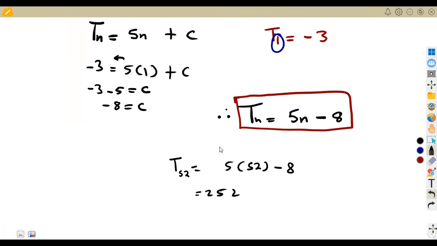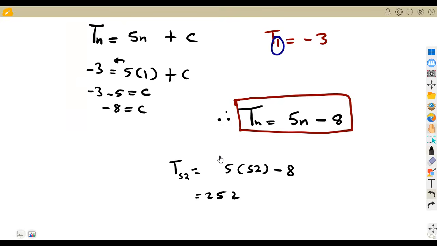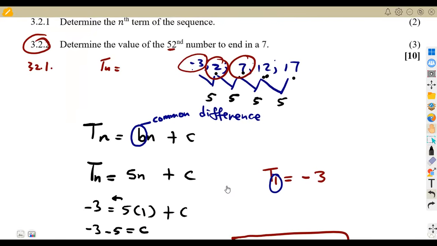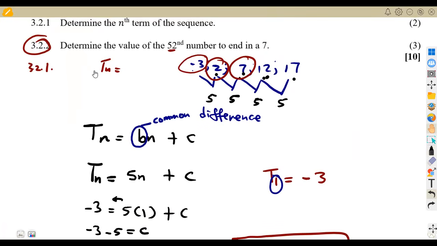If we are to consider the number of terms, let us consider how they want us to have this. If we are to consider the 52nd number, where are we going to have a position that represents this number? What is going to be the position of this?